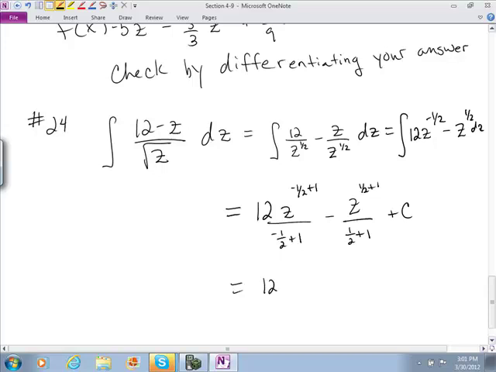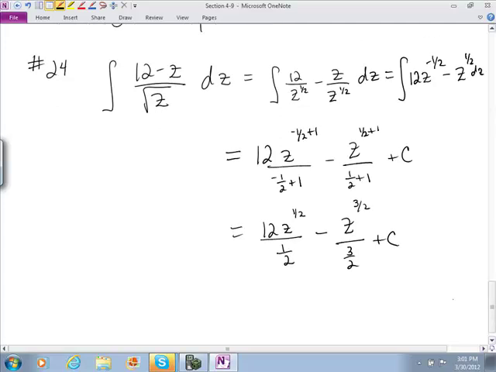So this is 12z, negative 1/2 plus 1 is 1/2, divided by 1/2, and then minus z to the 3/2 over 1/2 plus 1, again 3/2, plus c. And then in its cleanest form, you'll flip these fractions on the bottom. So this is 24z to the 1/2 minus 2/3 z to the 3/2 plus c.